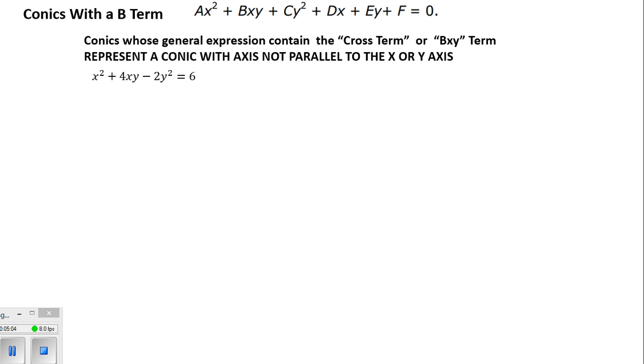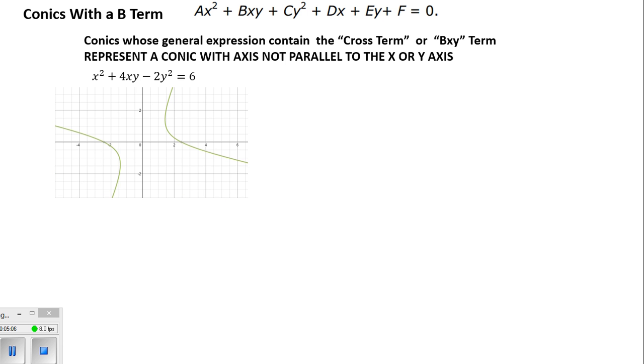So we're going to show you some that have been graphed using Desmos. Here is a hyperbola. As you can see, the axis which runs through the vertex and its focus is not parallel to the axes, and the dead ringer indicator of that is the cross term, the bxy, the 4xy term.